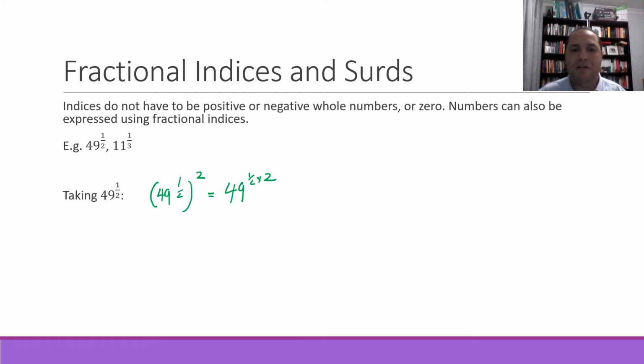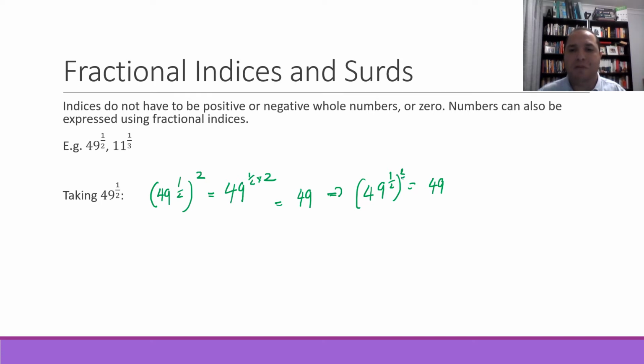So I've got half times 2, which is just to the power 1, and have an invisible 1 there. Rewriting that, 49 to the half squared equals 49.